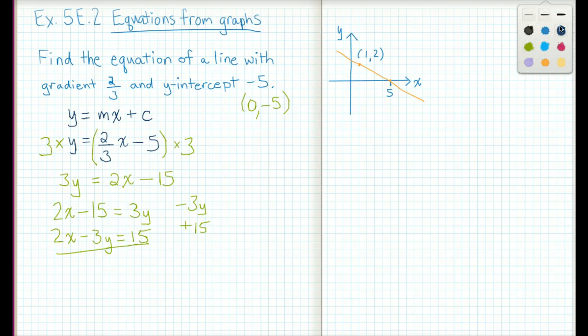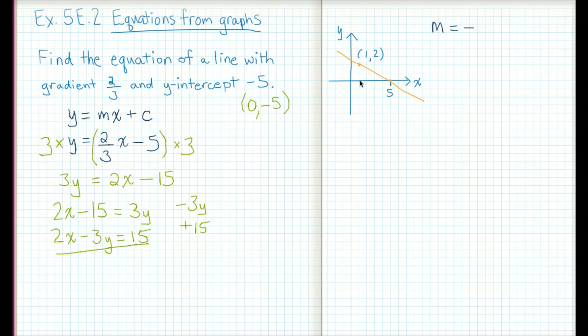So let's take a look at this example here. We have 2 points. We don't have a gradient, but from these 2 points we can figure out what the gradient is. Because we have the graph, we can actually just count it. If I read from left to right, I have a negative gradient. So I know that the gradient is going to be negative.